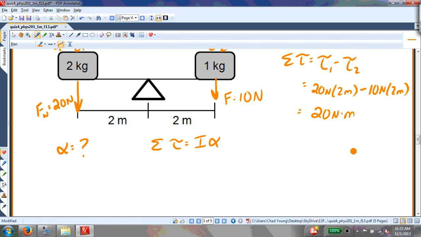Then, if I want to find alpha, I also need to know I. Now I is going to have 3 components. I have 2 discrete particles and I have a bar.